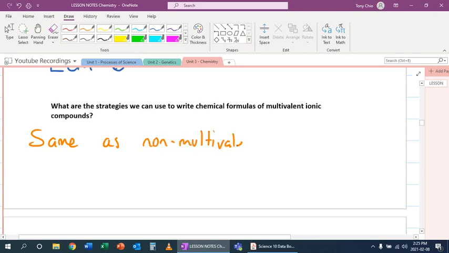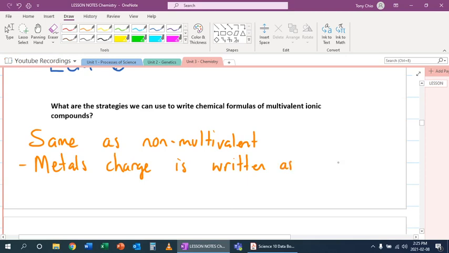But this time, what is new is that our metal's charge is written as a Roman numeral. So how do we remember Roman numerals?